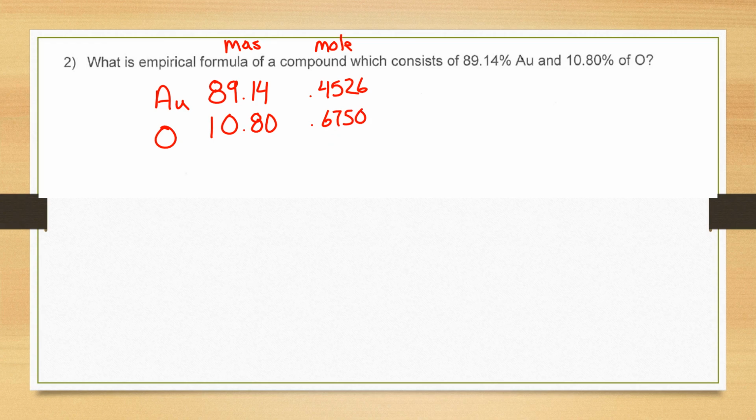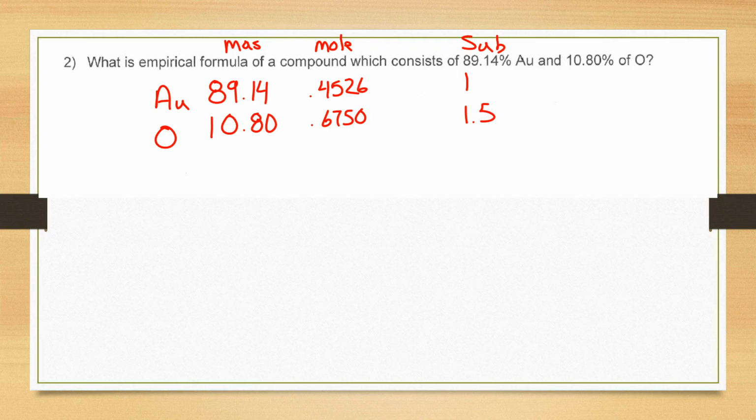Where I was seeing the mistake is after you do your ratio and you come to your subscripts, you should have gotten a number that was like 1 and maybe like 1.49, which I rounded to 1.5.